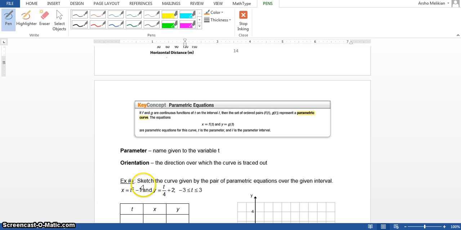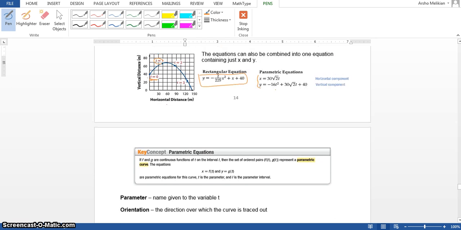The orientation is the direction over which the curve is traced out. In this case, the orientation would be represented by arrows that literally show you the direction that the curve is being traced out. It might be very obvious here, but in some cases, when our equation is circular or has different shapes, it's probably useful to know exactly what orientation it has.